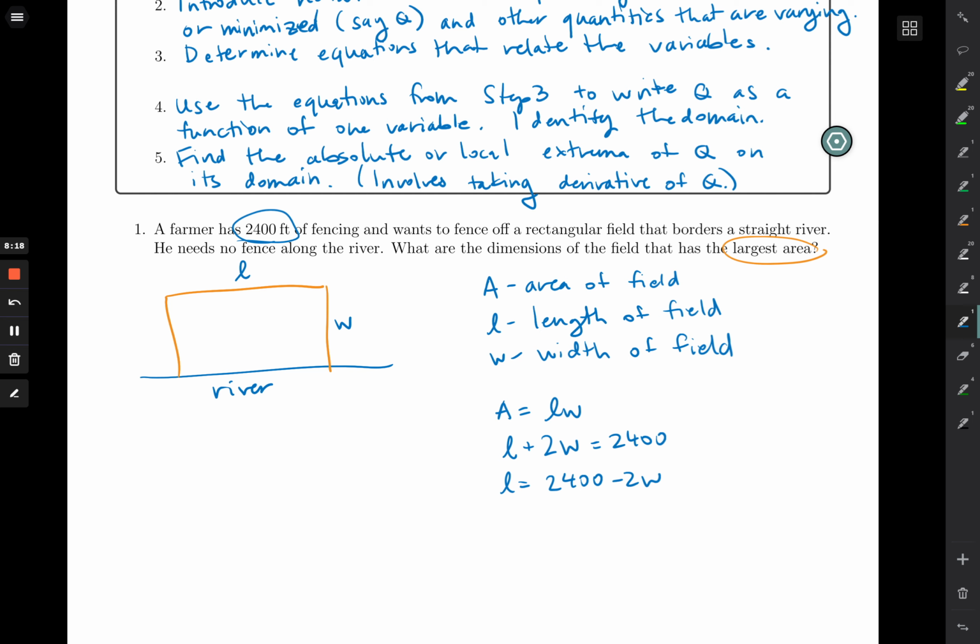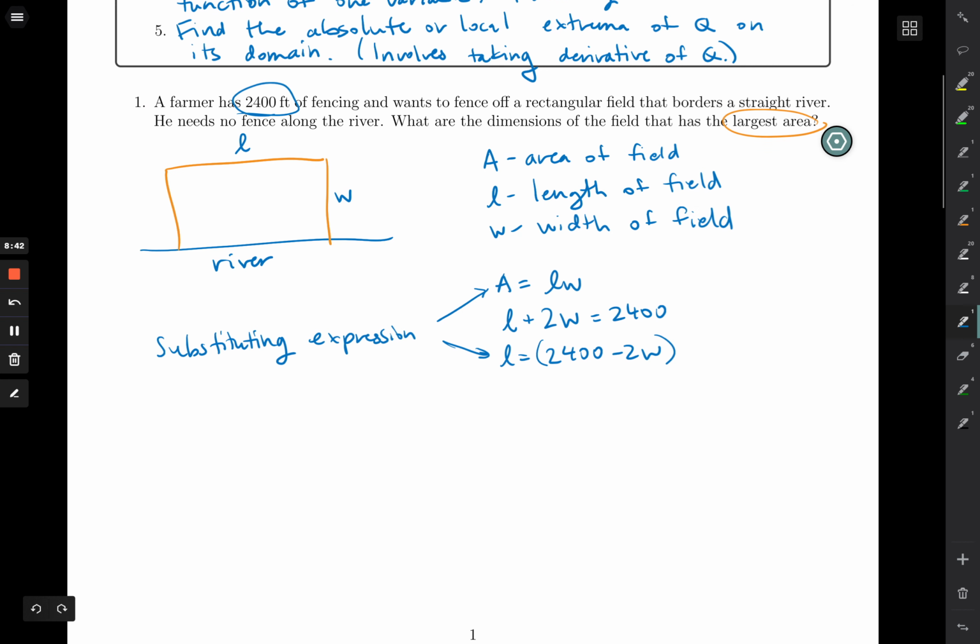Now combining this equation here and this one here, so just substituting this expression that we now have for L in terms of W, substituting our expression for L into this equation, A equals L times W, we get A equals L, we're replacing L with 2,400 minus 2W, times W. So now we have something that is in terms of one variable.